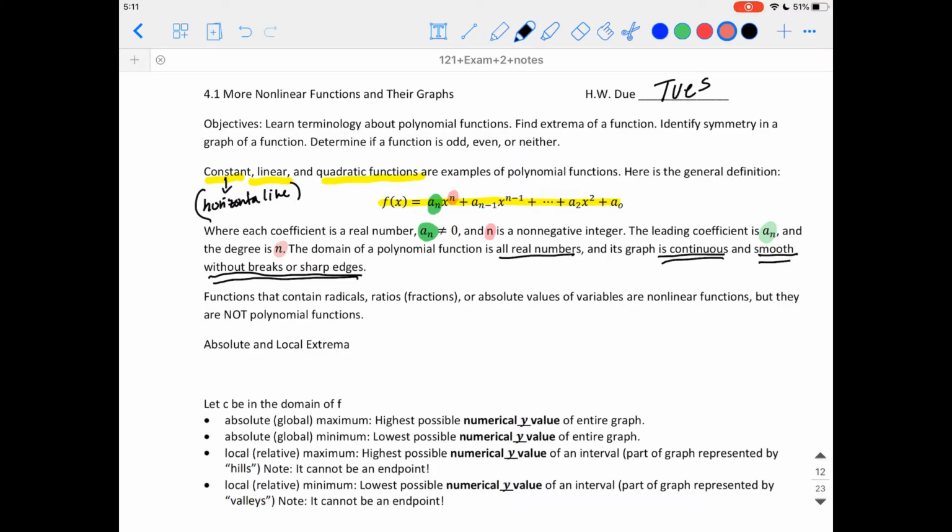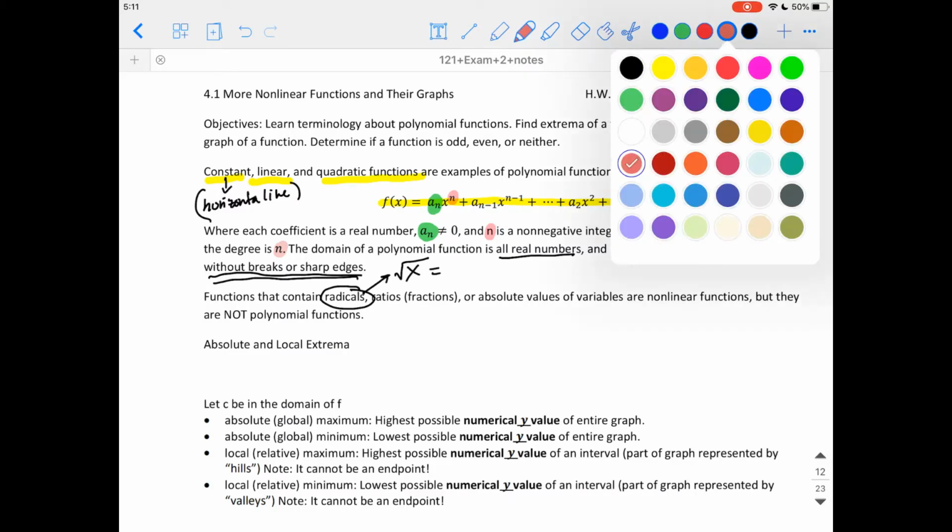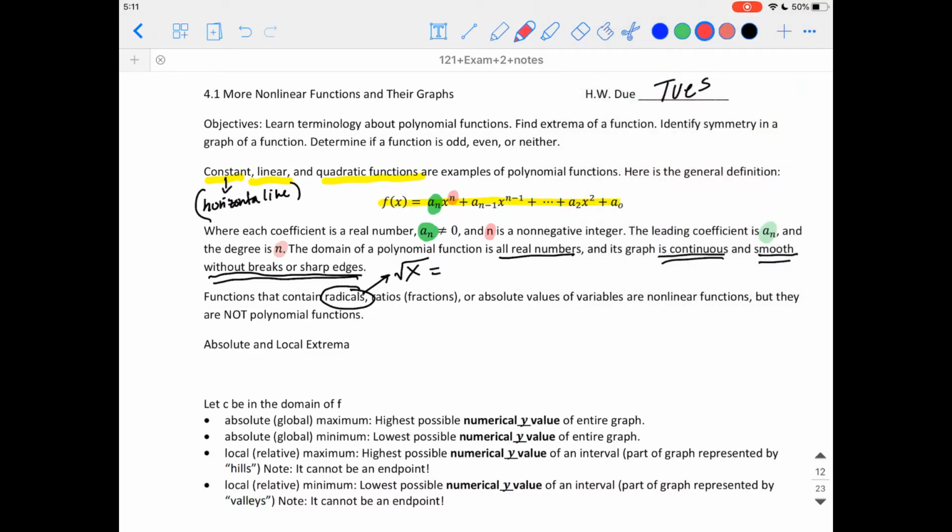Functions that contain radicals. So radicals, you're used to, I'm going to circle them here. It's sort of like the square root of x. And it'd be nice for us to remember that really there's an understood 2 right here, and there's an understood 1. And I can rewrite any radical as a fractional exponent.